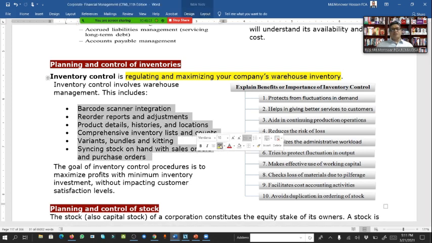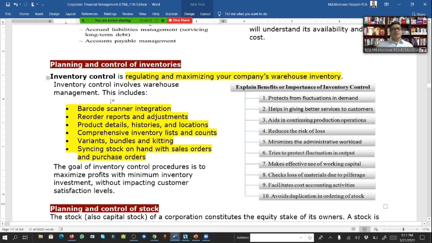We have also seen management accounting, management information or cost accounting, and there are a lot of techniques for inventory control, such as EOQ, etc. And also ABC analysis in inventory management.